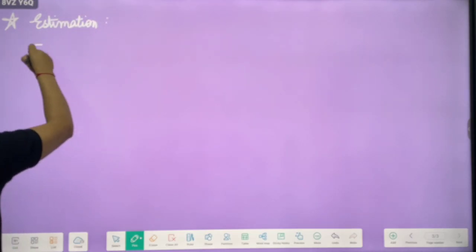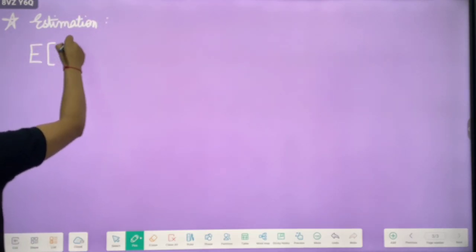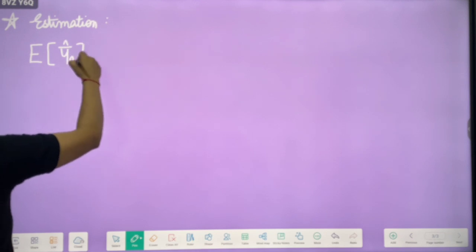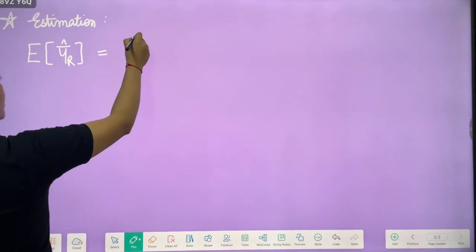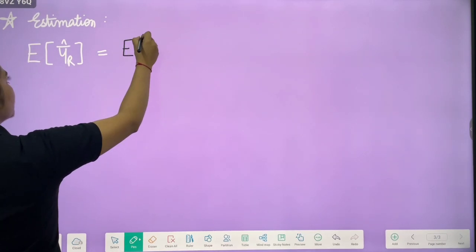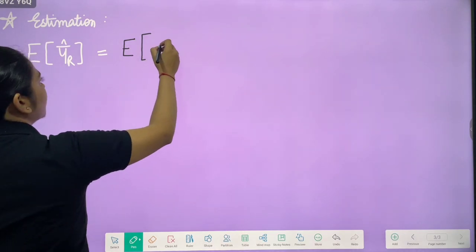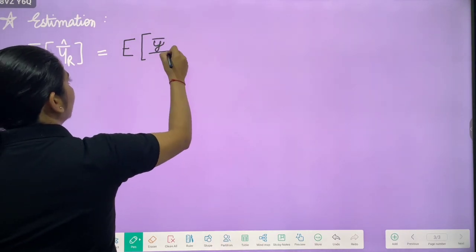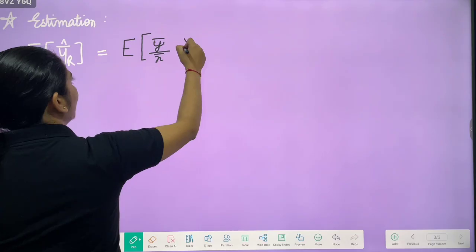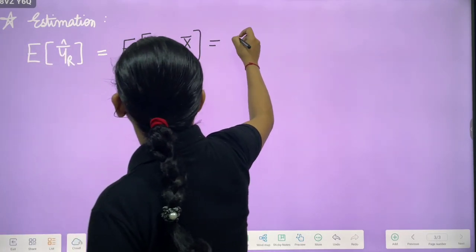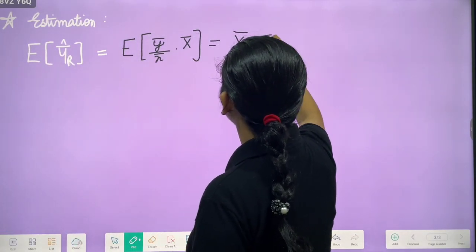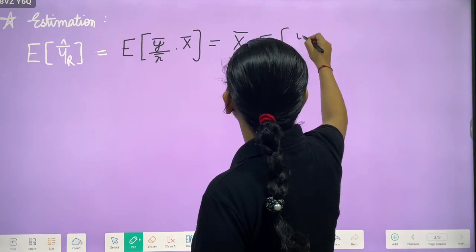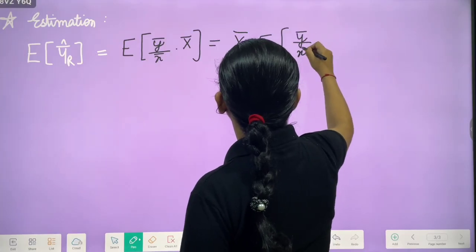The estimation of y bar cap R is equal to the estimation of y bar upon x bar into capital X bar. Now capital X bar is known and is constant, so it comes out, and we are left with the estimation of y bar upon x bar.